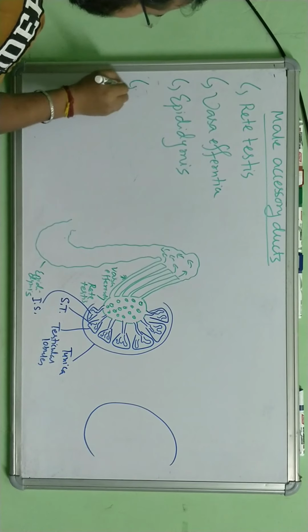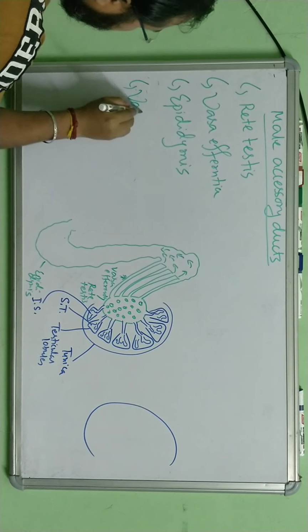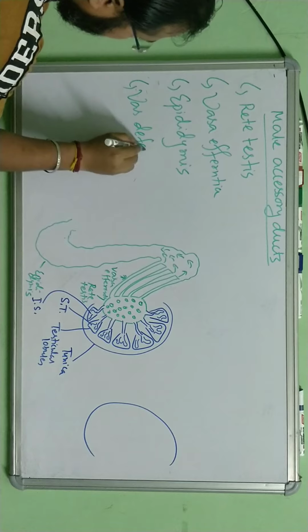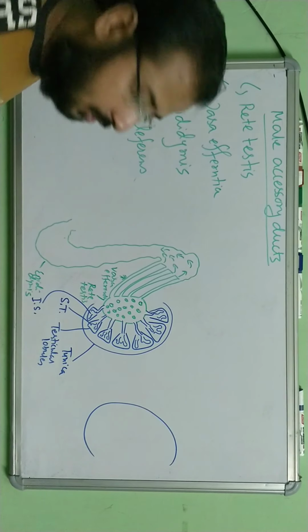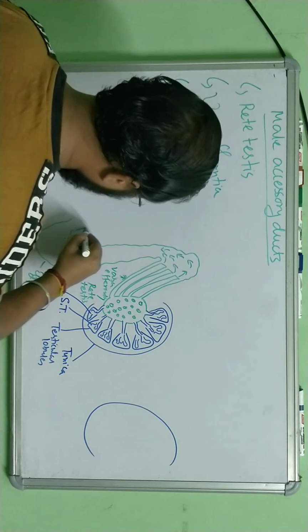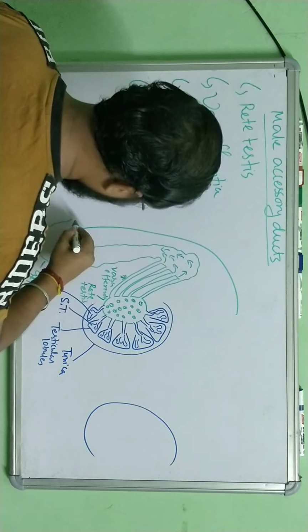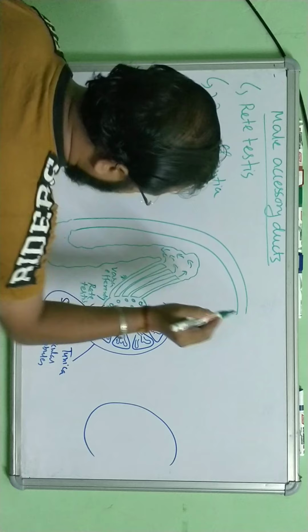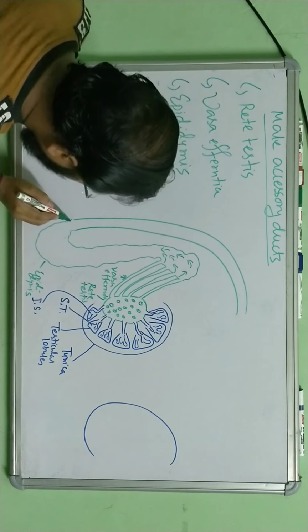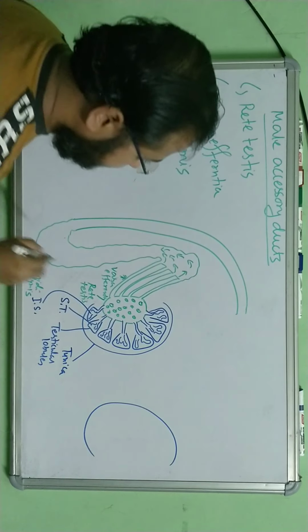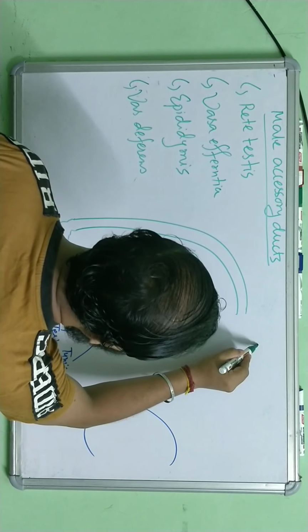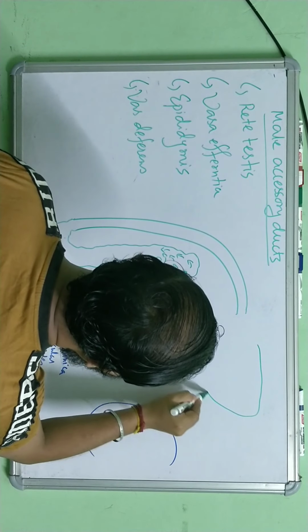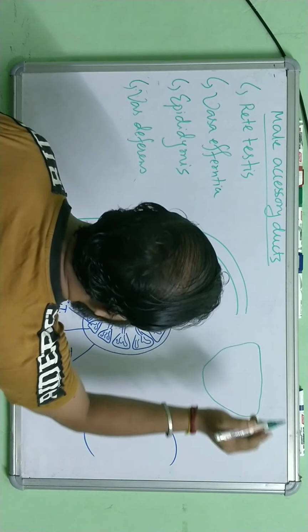Now the last duct part is the vas deferens. From the epididymis it starts, and now here is the urinary bladder.